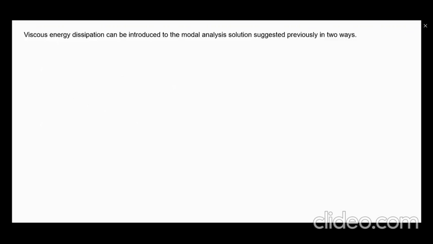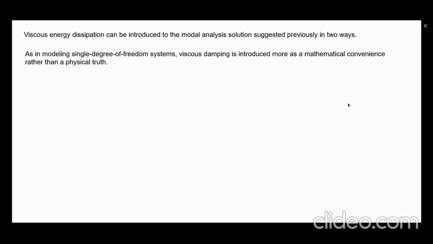Now there are 2 ways that we can incorporate damping into problems. If you go back to a single degree of freedom system, SDOF, we incorporated damping using the viscous damping model.